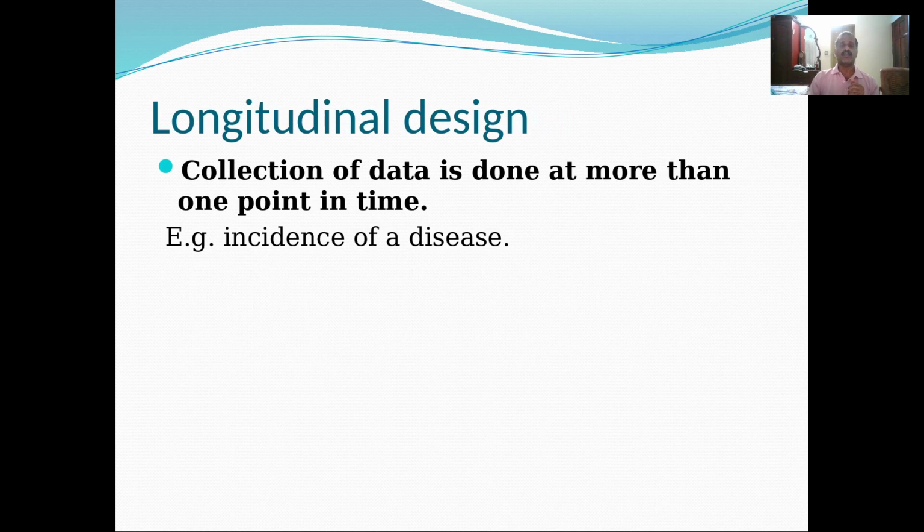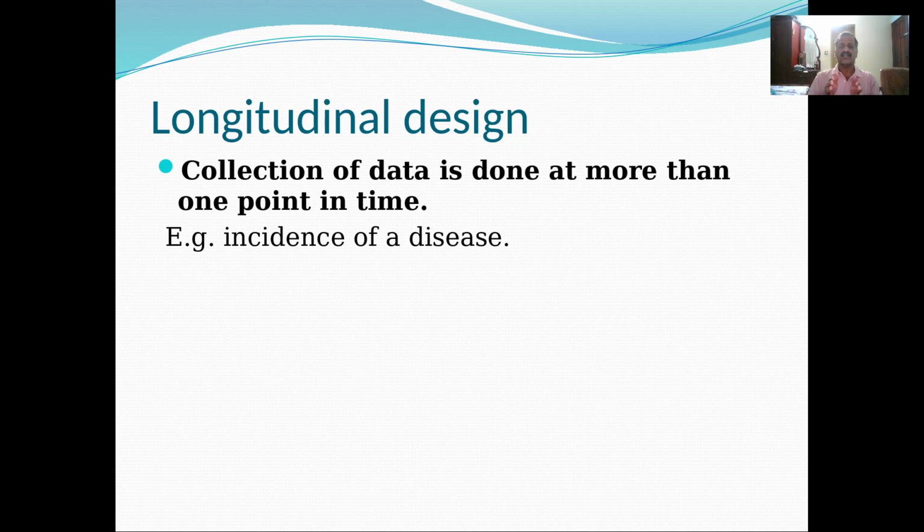Whereas in the longitudinal design, the collection of data is done at more than one point of time. So we may collect data twice, thrice, or at several times. For example, the incidence of a disease. What is the incidence of disease? That is the total number of new cases that are occurring within a period, say 1 year.